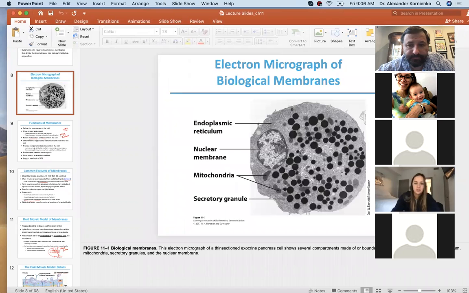Yes, this one. You shouldn't need to read it, but it's pretty clear. You should be able to see, okay, so this is the nucleus, there's mitochondria. It's all shown to you, so you don't really need to read anything here.